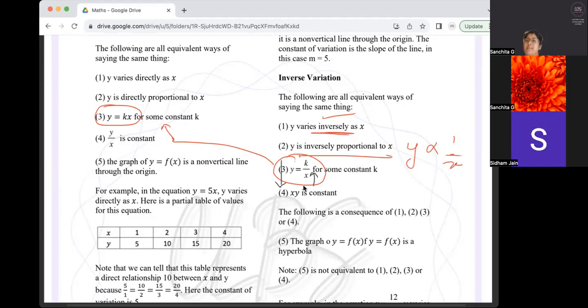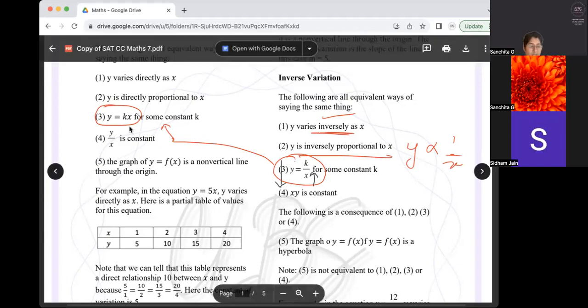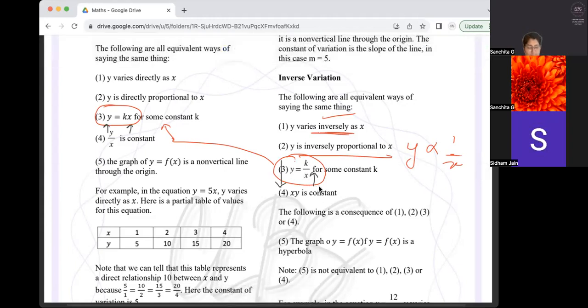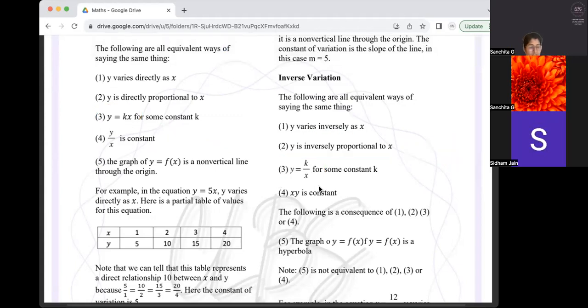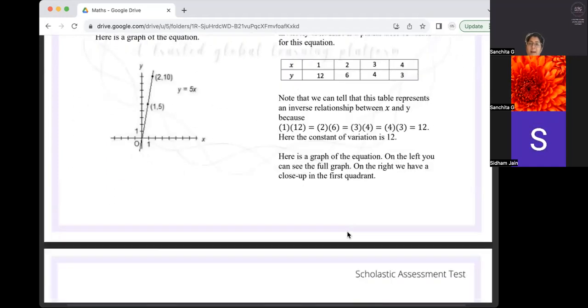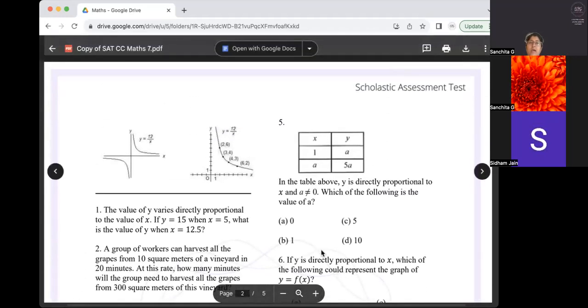It's inverse. Over here, if this is increasing, this is also increasing. Please understand the difference very clearly. So my equation is y is equal to k over x, and my constant of proportionality is xy.